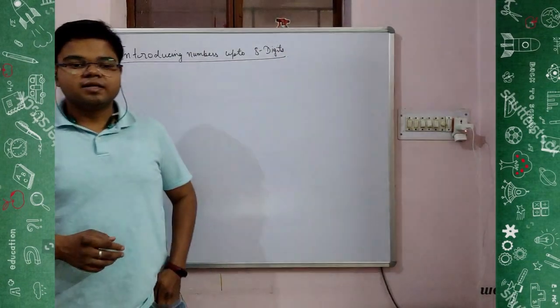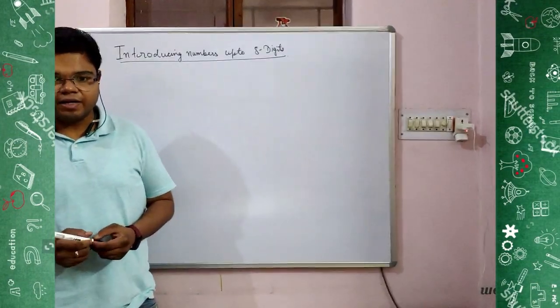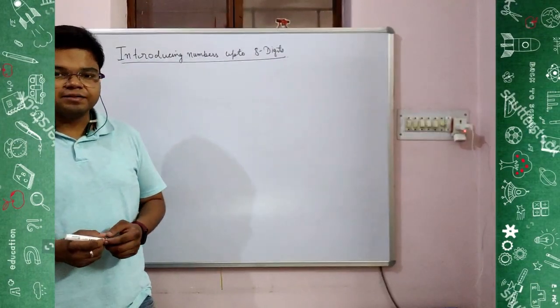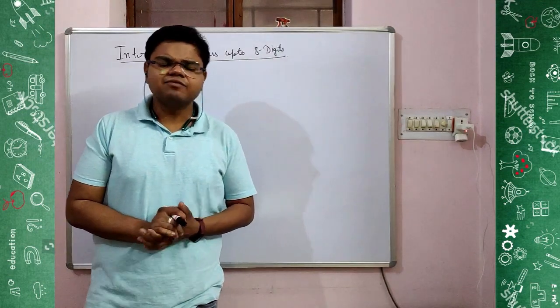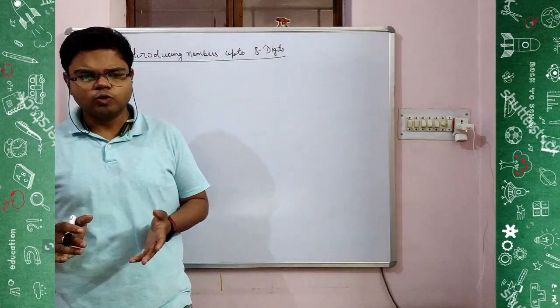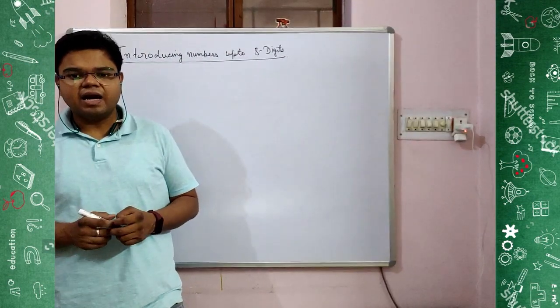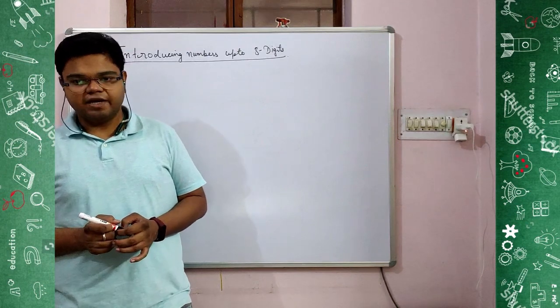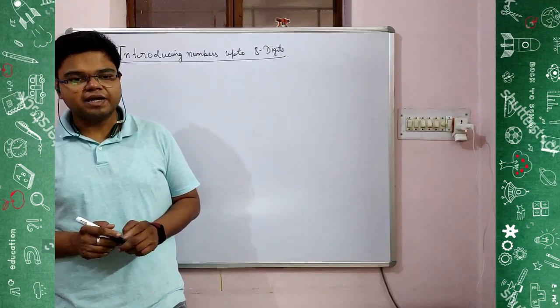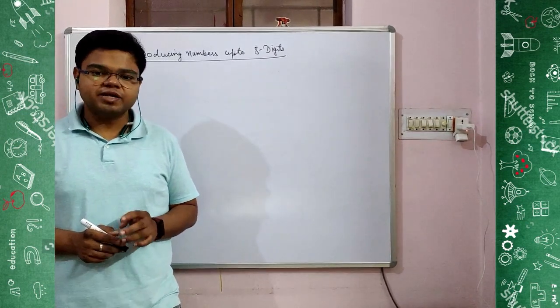Now, children, the next topic that we are starting with is periods. Basically, we divide a number into groups called periods, and we express a number in two systems. First is the Indian system, and the other one is the international system of numeration.